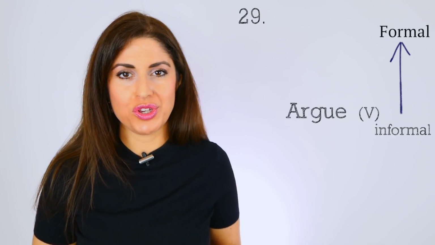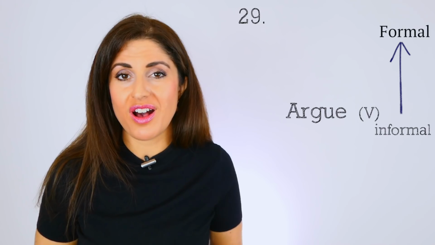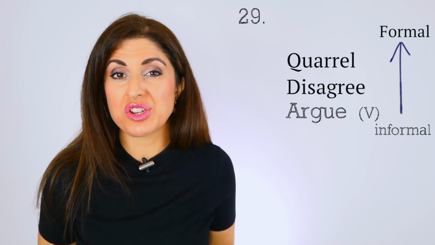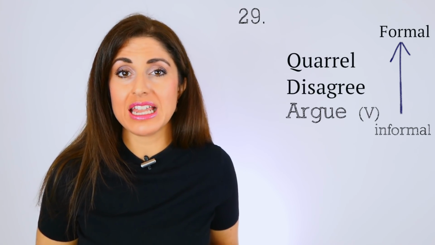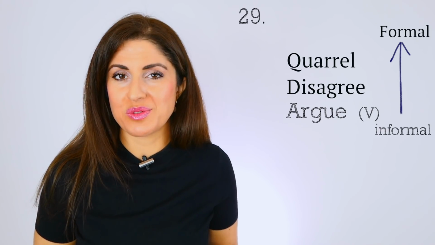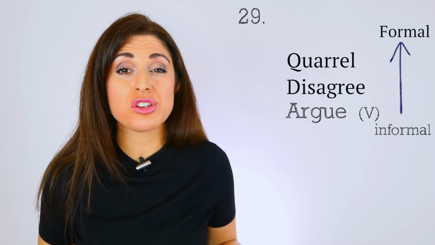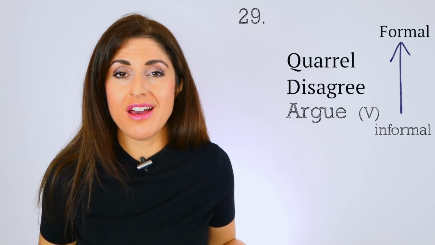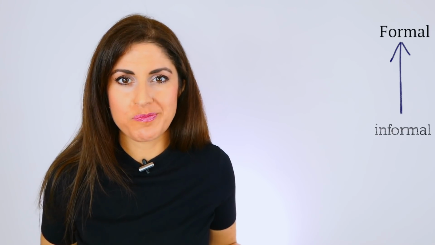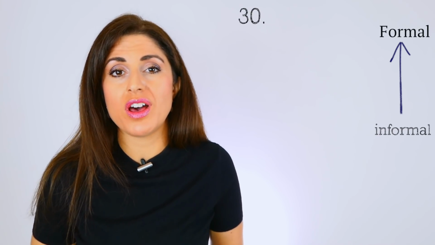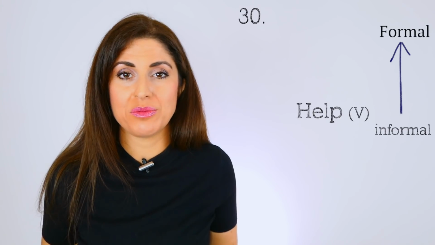Argue. We do have quite a few different words for argue, but ultimately disagree would be one of the easiest, and quarrel might be another nice one to use. They had a disagreement, or they were disagreeing over the issues. And finally, I'm going to leave you with one more verb, help.